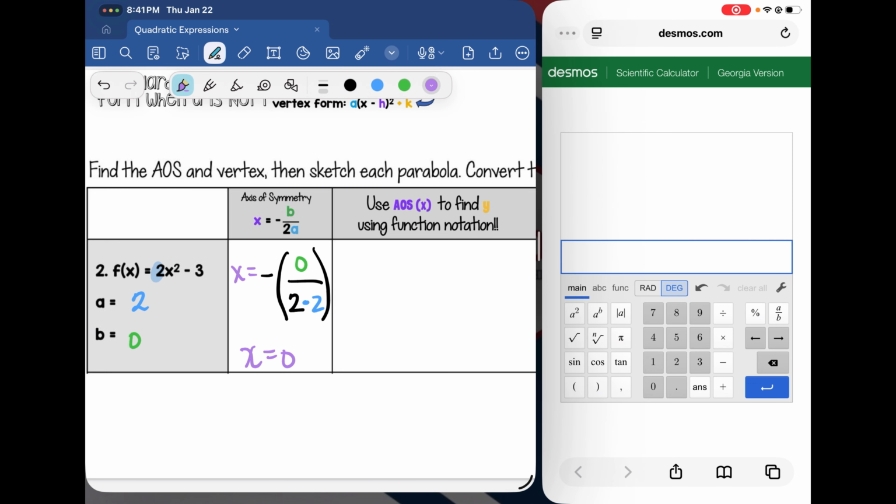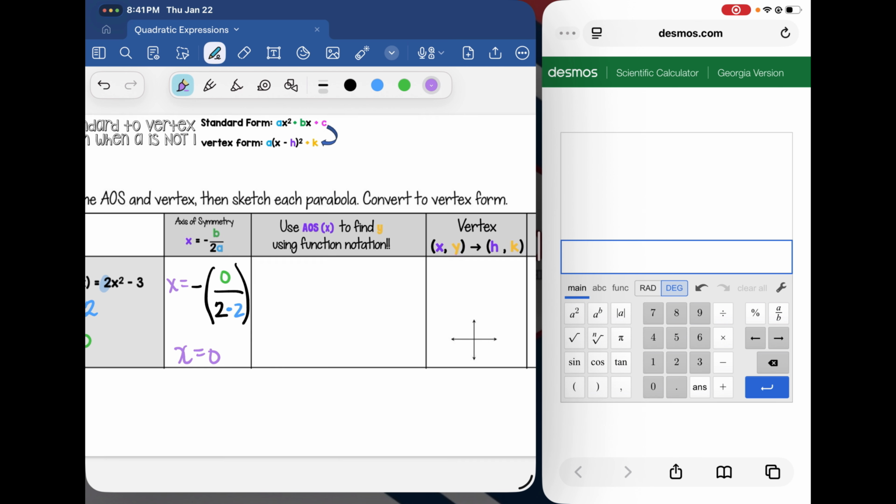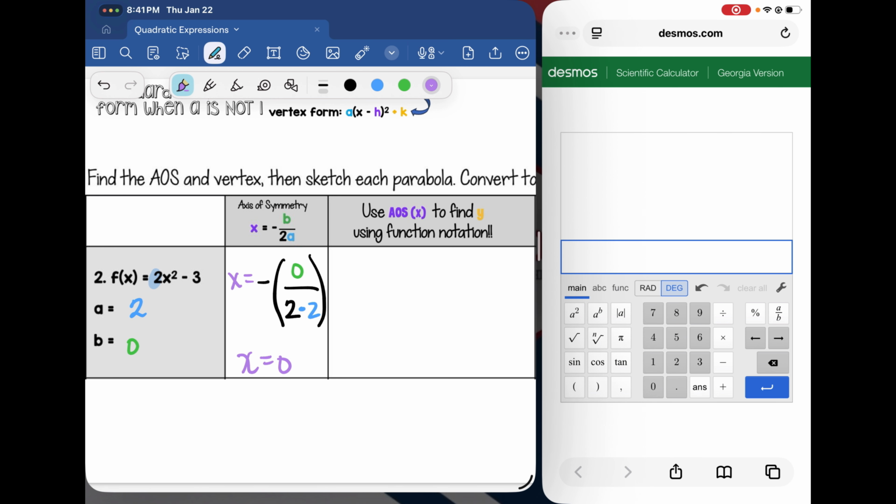Now we're going to use this X is equal to 0, aka my axis of symmetry, to find my Y value using function notation. So we have f of X is equal to 2x squared minus 3. But I know that the value for X, my input value, is 0.